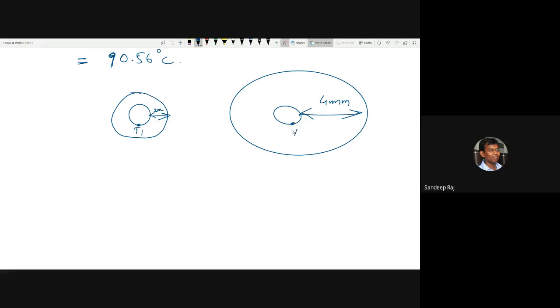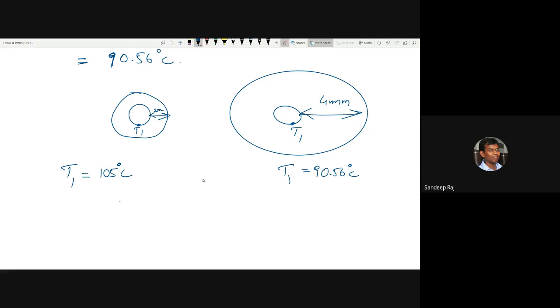In this case, T1 is 105 degrees centigrade. And in this case, the temperature is 90.56 degrees centigrade. Am I right? If I'm wrong anywhere here, kindly correct me. It is 105. Correct, sir. Yeah, correct. Thank you. So this is what you have, the temperatures.